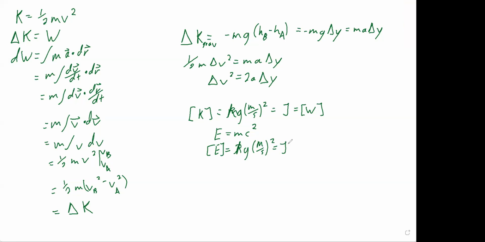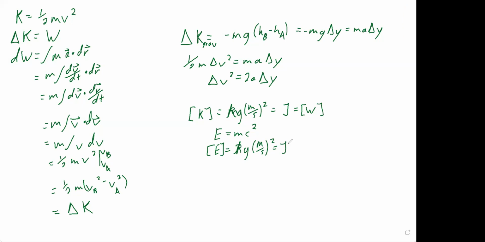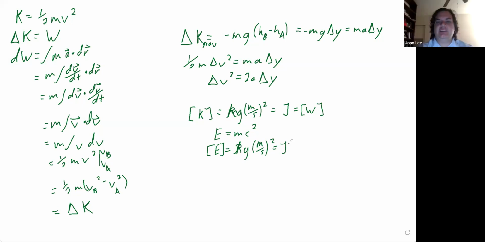Professor, in the formula for K of gravity, we have an a. Is that just the acceleration of gravity? So the acceleration of gravity is negative g, right? Right. So I had negative mg delta y as the equation for the work done by gravity.